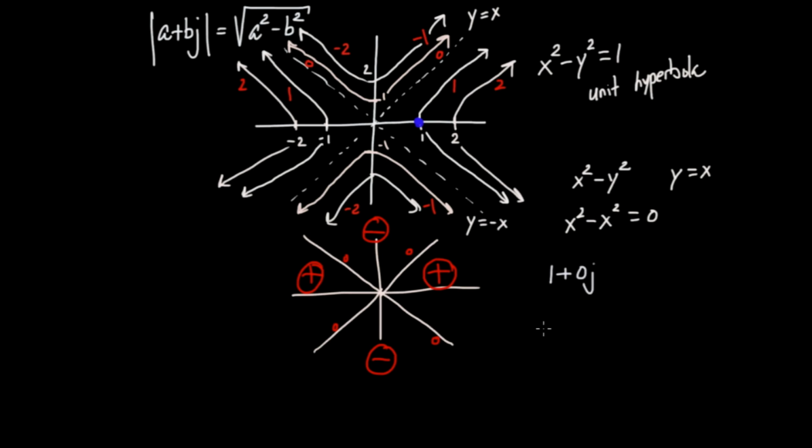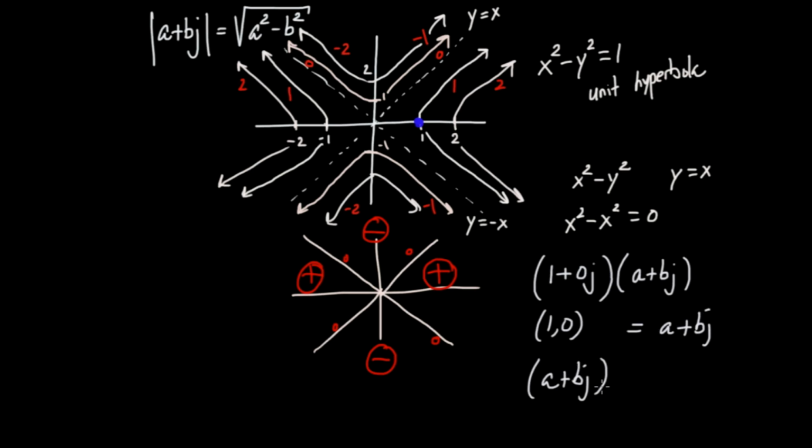And this is special because if I take 1 plus 0j, or just 1, 0, put it another way, and I multiply by any other split complex number, a plus bj, what you're going to get out if you follow the rules is just a plus bj. And you can multiply on the left or you can multiply on the right, you'll get the same thing.